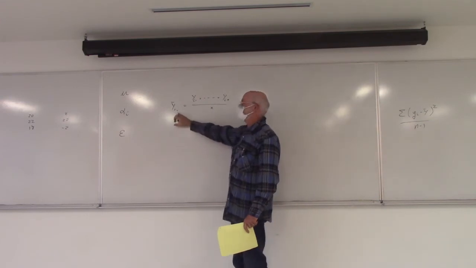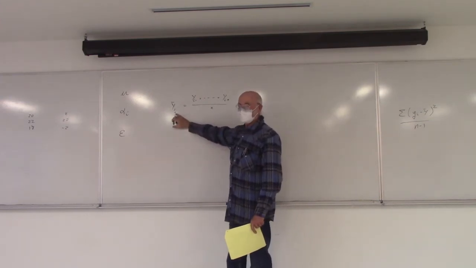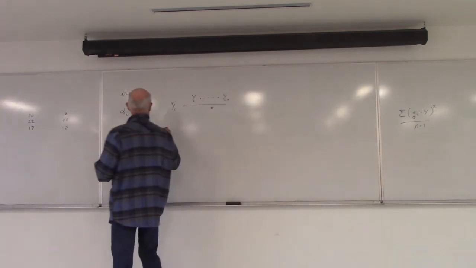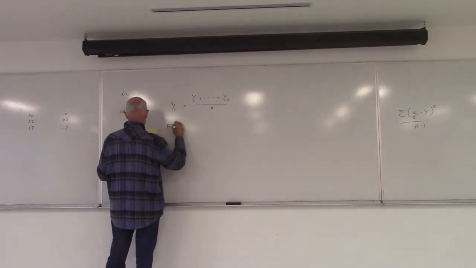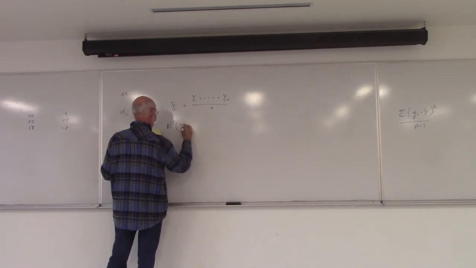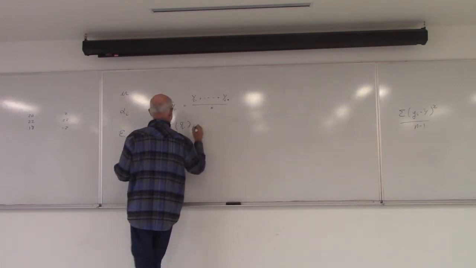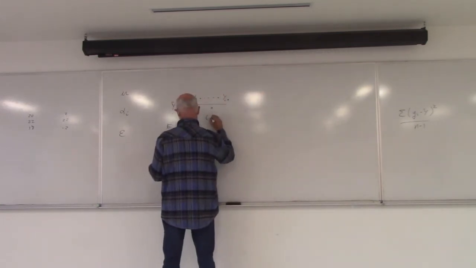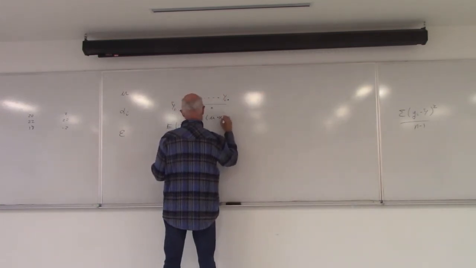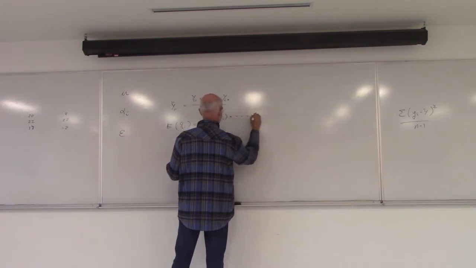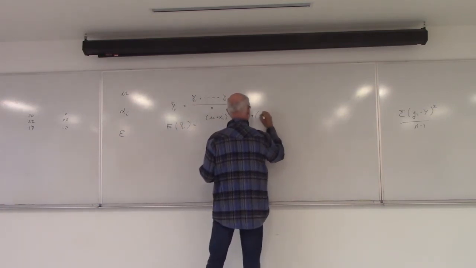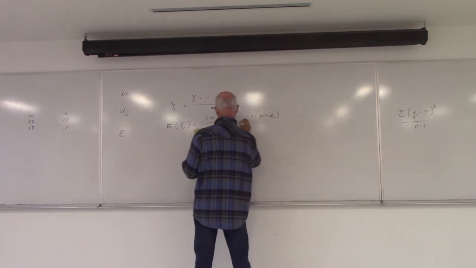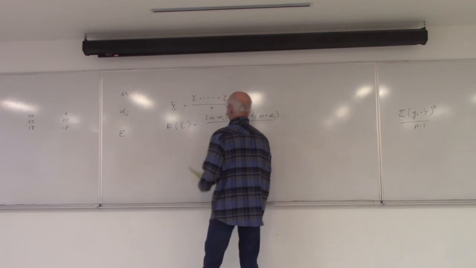And that then gives me the treatment mean for the ith treatment. The expected value of y i dot bar is equal to mu plus alpha i plus all the way to mu plus alpha i, all of that divided by n.